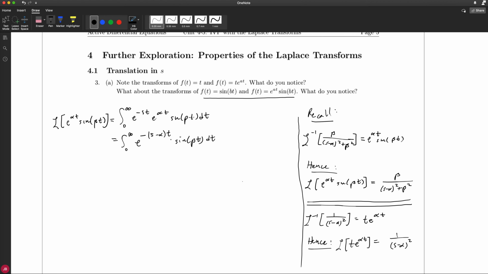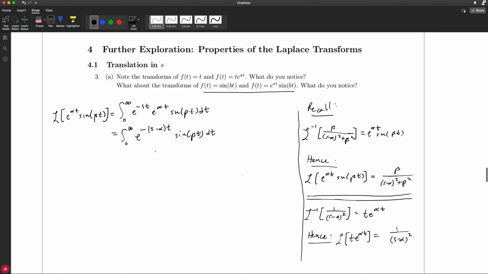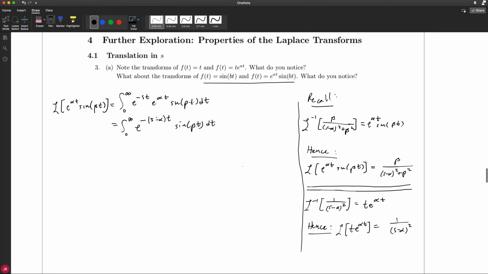You'll notice that this looks an awful lot like the Laplace transform of just sine of beta t. Now, I'm not putting any equal signs or anything like that, but what is the Laplace transform of sine beta t? By definition, that's the integral 0 to infinity e to the minus st sine beta t dt.